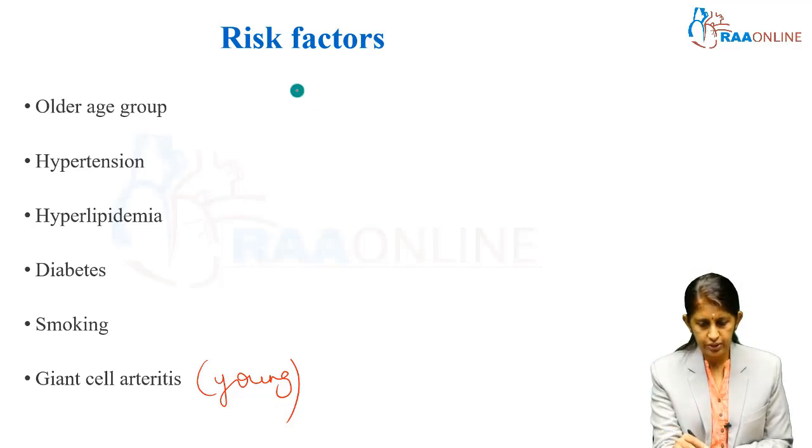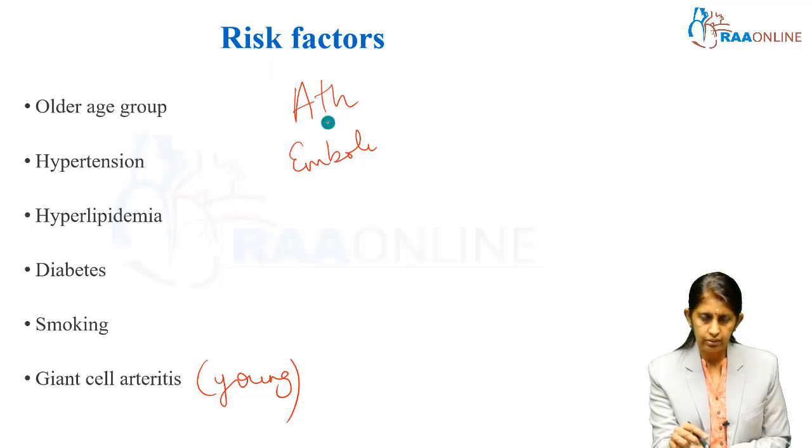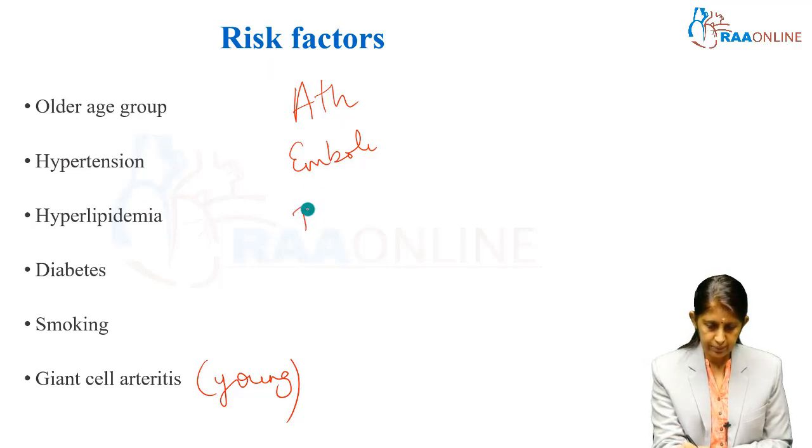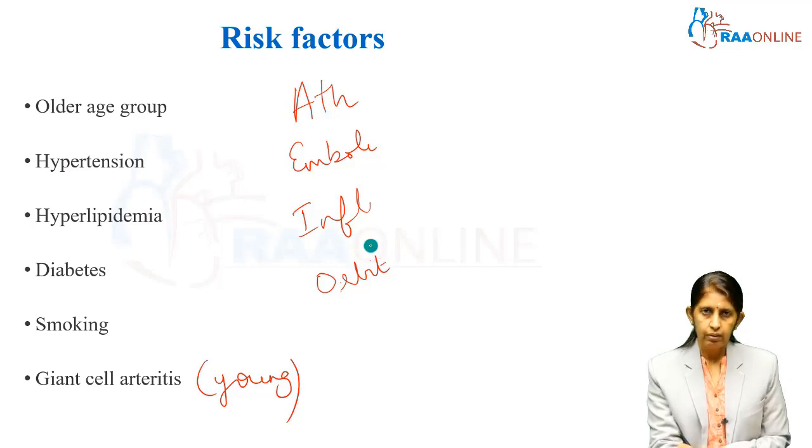So it's easy to understand the etiology based on atherosclerosis, then emboli, the source. These are all the causes, or it could be inflammatory. It could be origin from the optic orbit itself. Alright. So these are the various types, and of course the miscellaneous type.